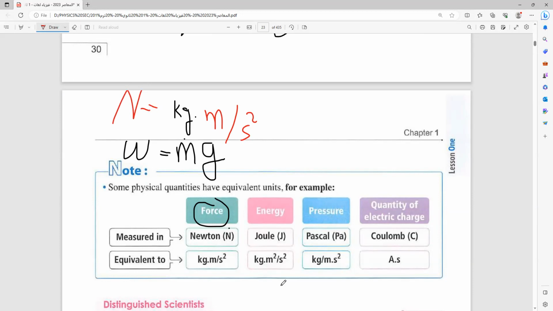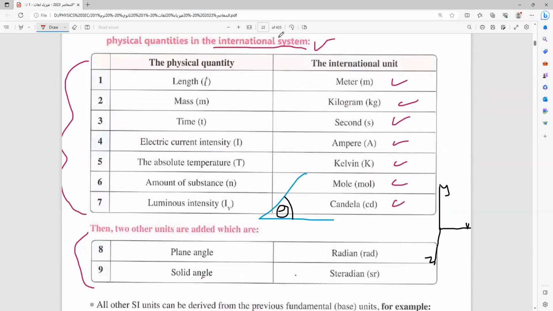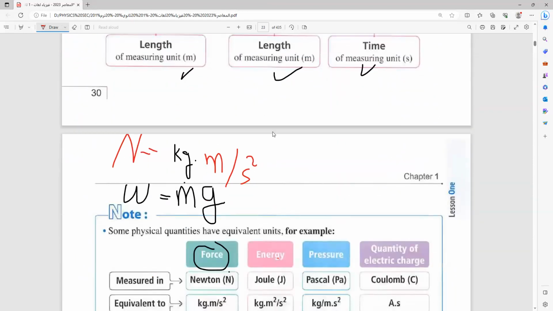What about Joule? Joule is the measuring unit of energy. Also, Mr. Joule is not found in this table. You said that in the international system of units, all units are applied in all other countries. Let's derive the measuring unit of Joule. Joule is the measuring unit of energy, like the potential energy.